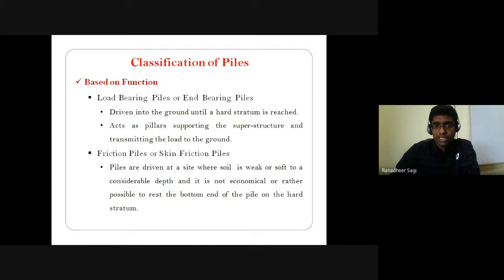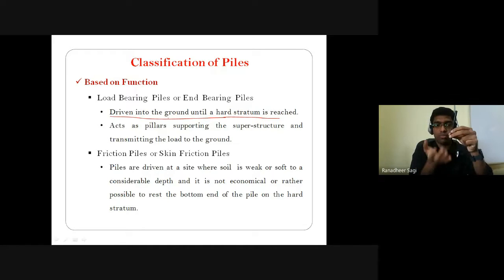So load bearing piles are end bearing piles. These piles are typically used to transfer your superstructural load into the deeper strata. These piles are driven into the ground until a hard stratum is reached. Till wherever you have your hard stratum, till that particular depth, these piles are extended. As the name itself says, the pile is going to transfer the load only from its end.